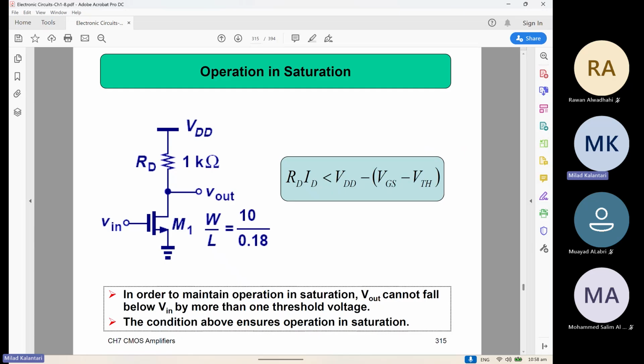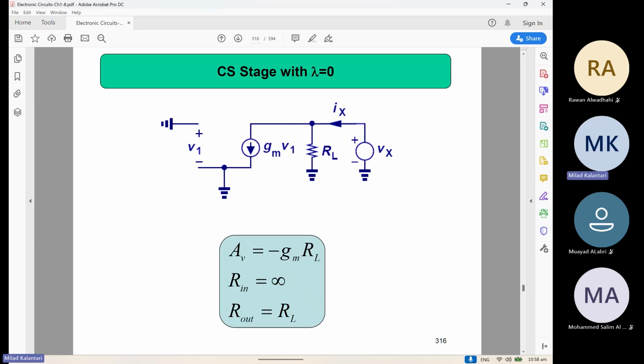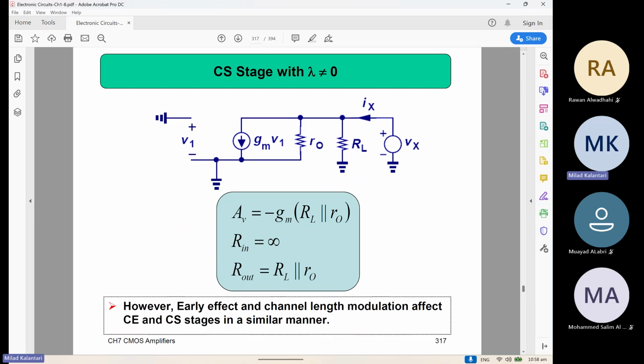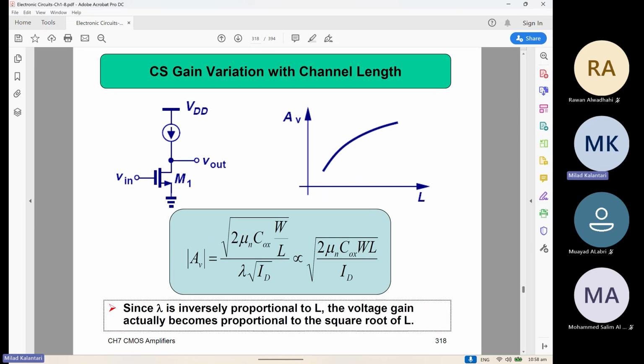Here we are checking whether the device is in saturation or not. And again, here it is showing the input impedance is infinity. The Rout is RL, similar to what we knew. And if you include the limited impedance of the drain, then you can make the Rout a little bit more accurate, but still the input is infinity.